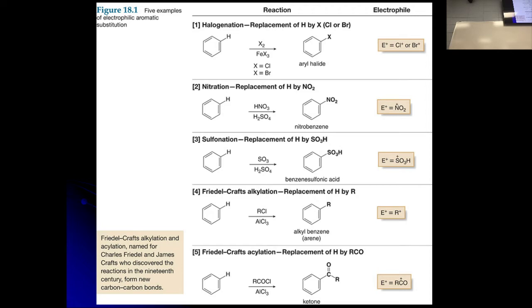Notice what the electrophile is. If I say R+, what would that be? Carbocation. It's a carbocation. So carbocations will react with aromatic rings to make carbon-carbon bonds. Wait a second, if we're dealing with carbocations, what do I need to pay attention to? Rearrangements.